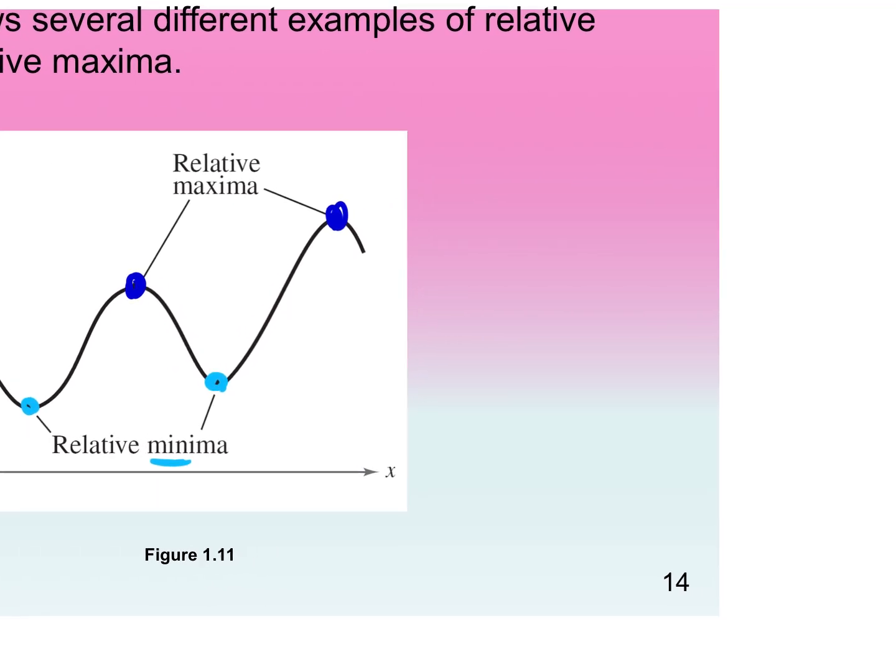Now we can also have an absolute max or min. I'll draw a graph here so we can see. Let's say my graph went something like this.